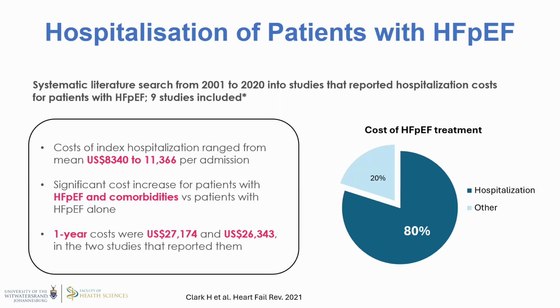The costs for index hospitalization range from a mean of $8,340 to $11,366 per admission for heart failure with preserved ejection fraction. And there is a significant cost increase for patients with HFpEF and comorbidity versus patients with HFpEF alone. And the cost of treating HFpEF per year was estimated to be around $27,174. Okay.